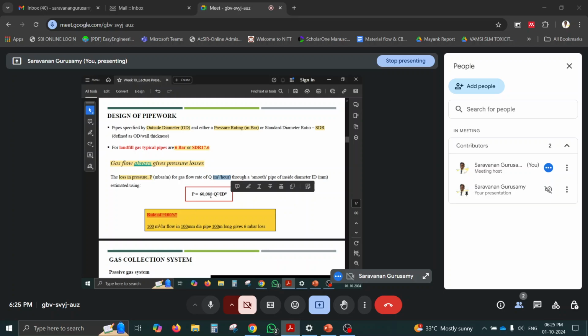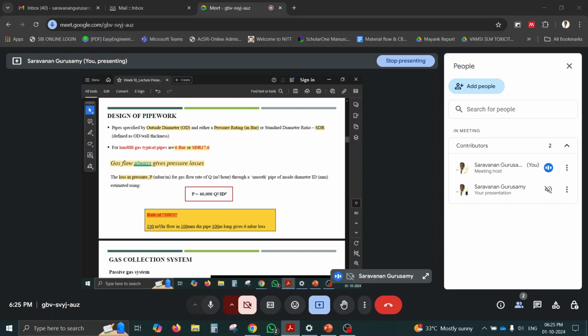So that's what is given here, Q square by ID power 5. Whenever the internal dia is increased, the pressure loss will be decreased. So this pressure loss is due to friction in the pipe. Whenever the dia is increased, there will be less friction, so you can reduce the pressure loss.